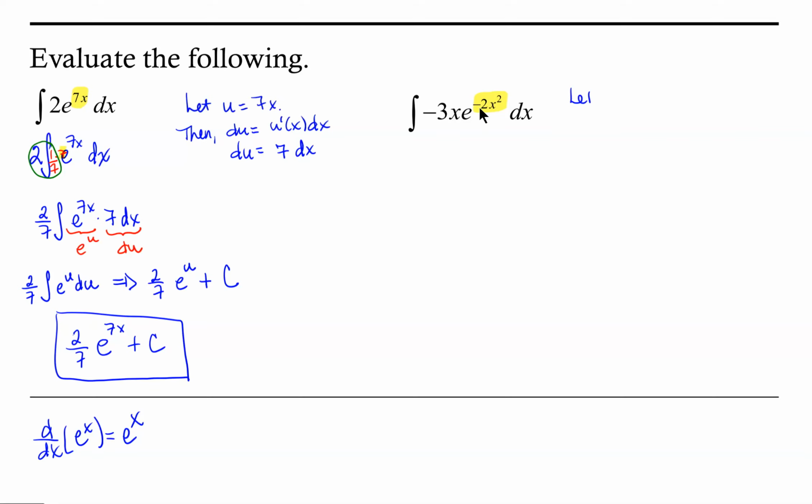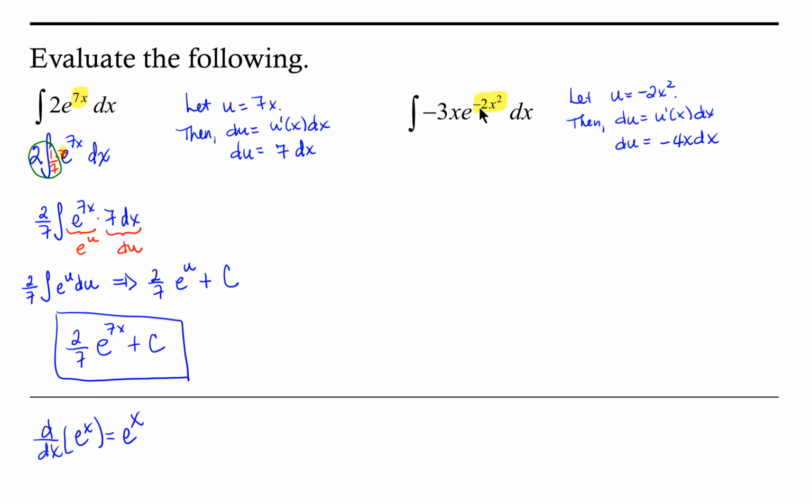So let's let u, our new variable, equal negative 2x squared. And if we do that, then du, or our differential for our new variable, is u prime of x dx. And in this case, that would be negative 4x dx.